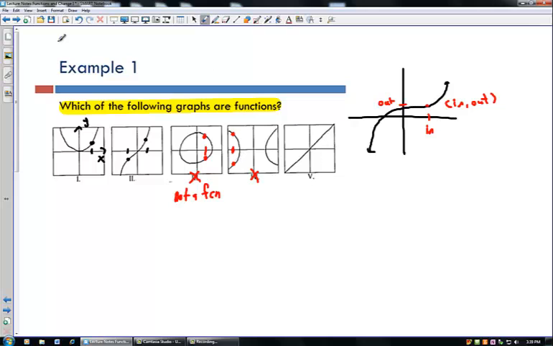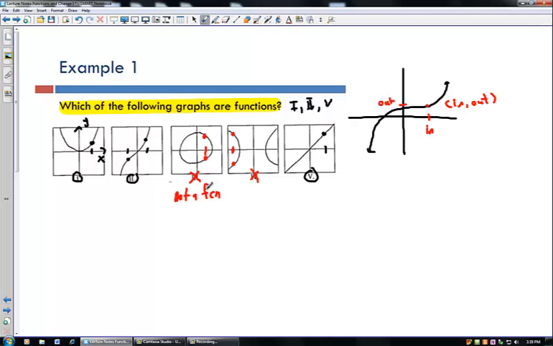And then this one is a function. If you put in one thing, you certainly get out just one thing. So 1, 2, and 5 are examples of functions, whereas 3 and 4 are not functions.